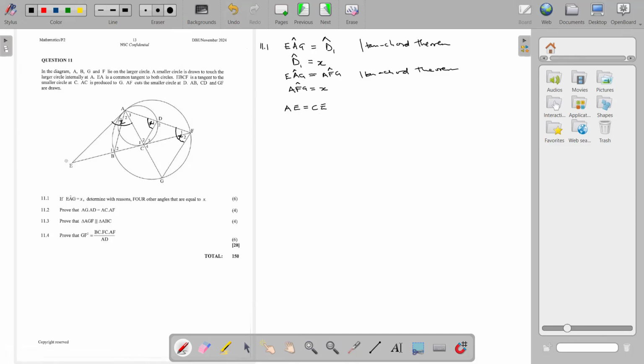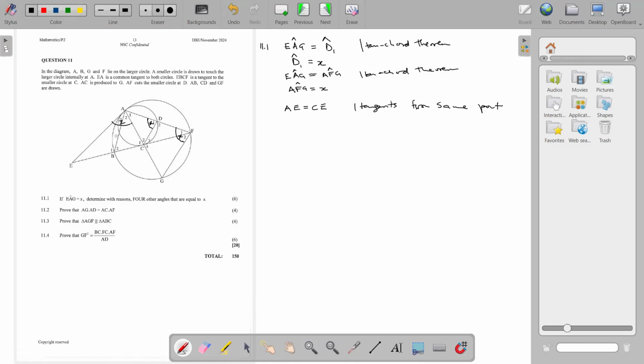Then we are also told that EBCF is a tangent to the smaller circle. So these are equal because they are tangents from the same point. If you check, they are all from E, and you are told EA is a tangent, and this one you are told it's a tangent.